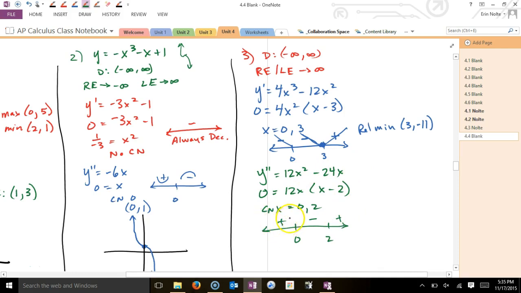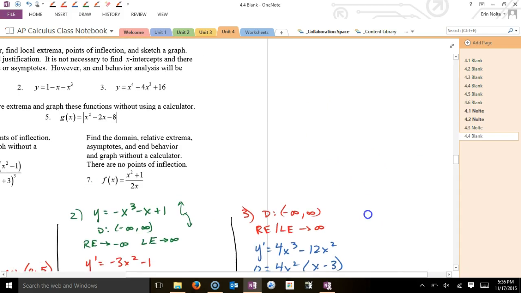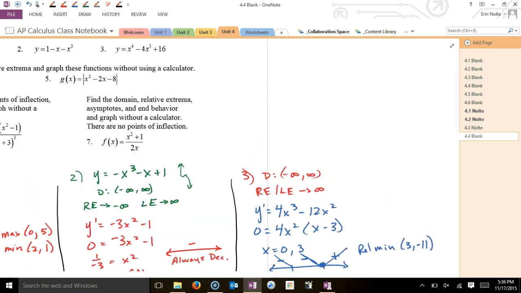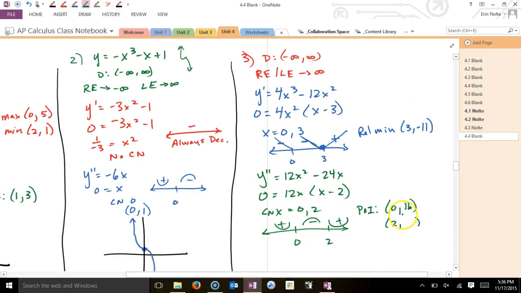So I have 2 points of inflection, with positive, negative, positive. So points of inflection, I have one at 0. If I plug 0 back in, I get 16. And I have one at 2, and if I plug 2 in, 16 minus 16, so that would be 0.